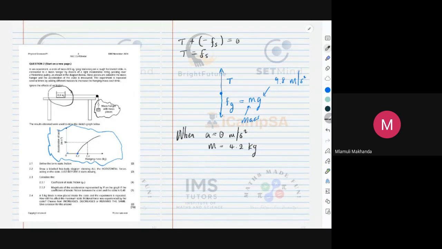So therefore, we can get our Fg. Our Fg would be 4.2 times 9.8, which is this one here. So equals to, please punch the calculator and share the answer.